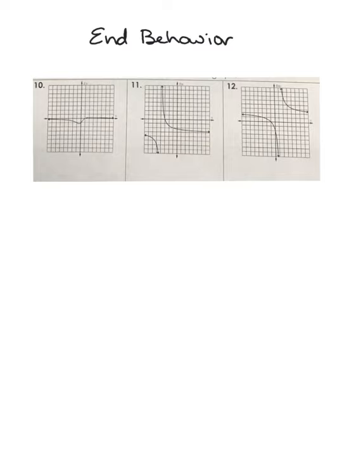Okay, we're going to look at some more with some horizontal asymptotes, but still every single one of these is going to start out the same. I'm still going to say as x approaches infinity, f of x approaches something, and that's what I'm going to fill in. As x approaches negative infinity, f of x approaches something, and that's what I'm going to fill in. So for every single one of these, that's what's going to happen.